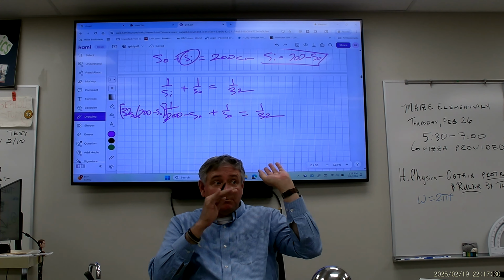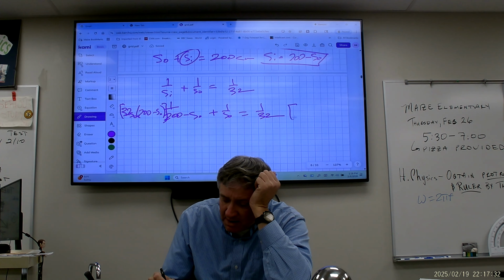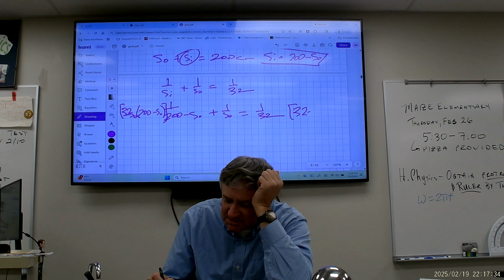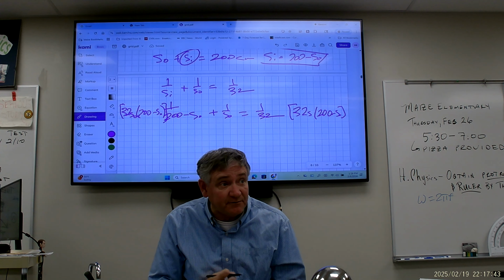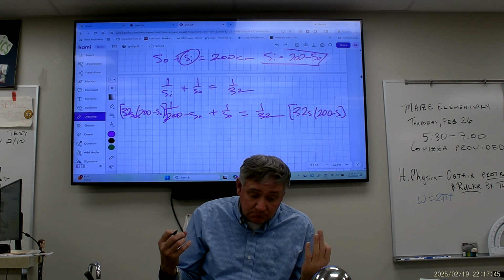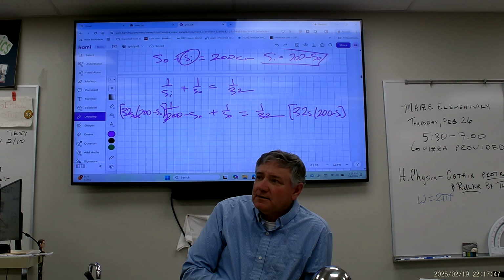That's the least common multiple of this whole thing. So I'm going to multiply this by 32 s_o times 200 minus s_o. Right? Because that's the least common multiple of everything. True? Okay.